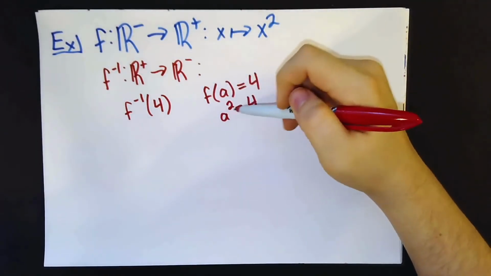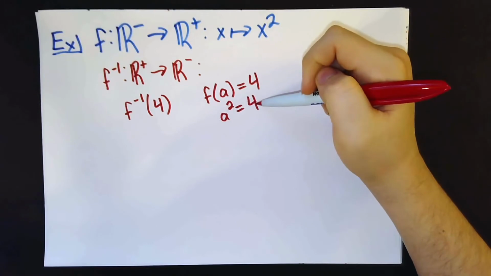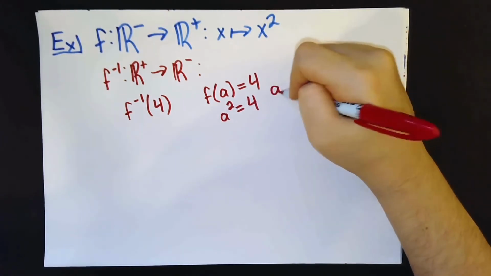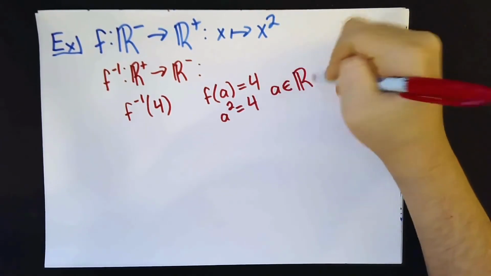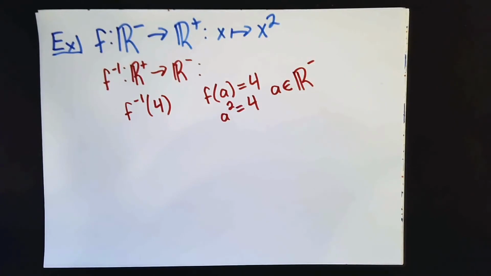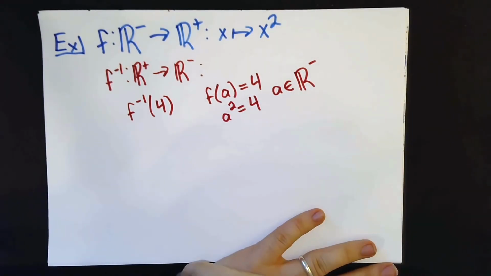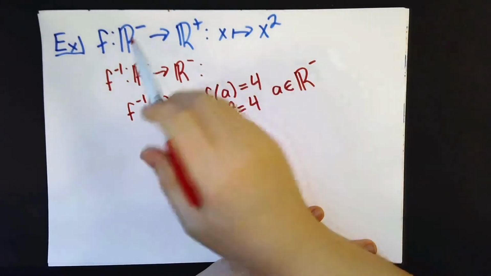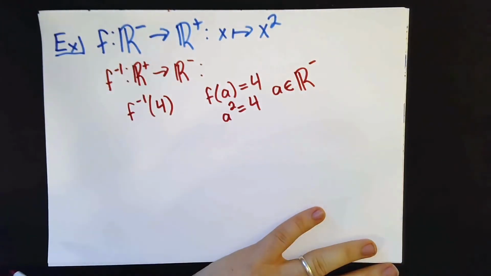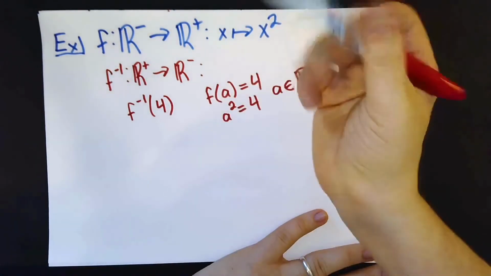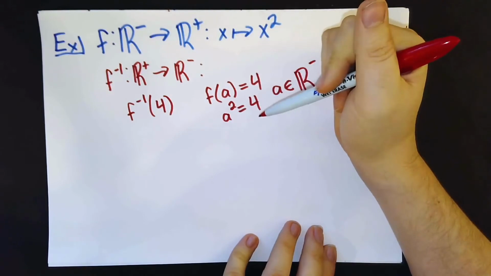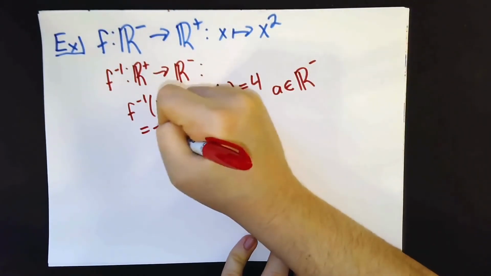Now, again, it really looks like I'm supposed to say a equals 2. But remember, a here has to be in the domain of the original function. So my a can't be 2, because 2's not in the domain. So what is a? Well, there's only one choice. It has to be minus 2.